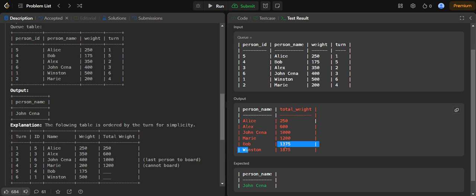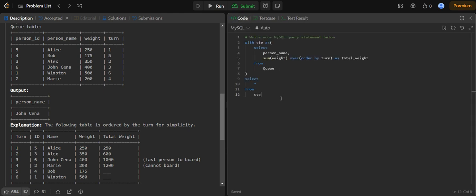So this is the output of the CTE. For each person, there is a total weight. So I need to order this and filter this. I have to first put the filter condition where the total weight must be less than or equal to 1000, must not exceed 1000. And I need to order this table by total weight descending.